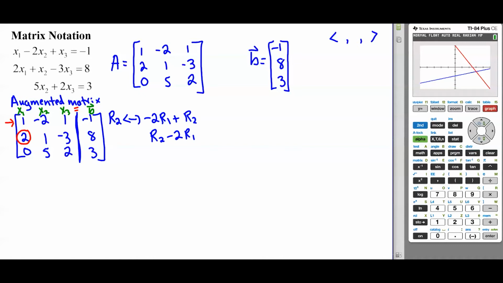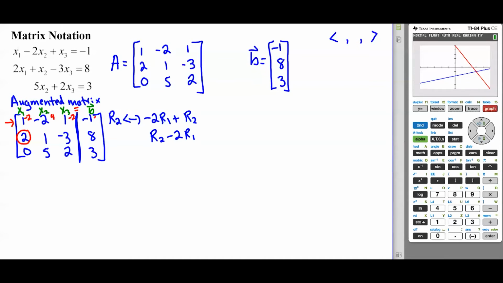And I think it's a good idea when you first start doing this, instead of writing down all these operations off to the side, to just make notes on your matrix. So here I'm multiplying this row by -2, so I'm just going to write down what that means. That's going to be a -2. That's going to be a +4. This is going to be a -2.